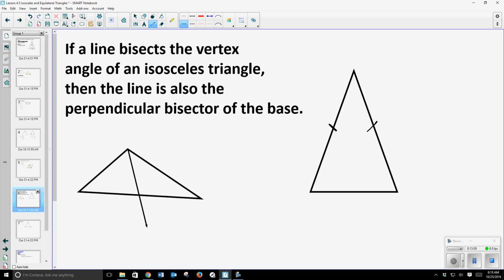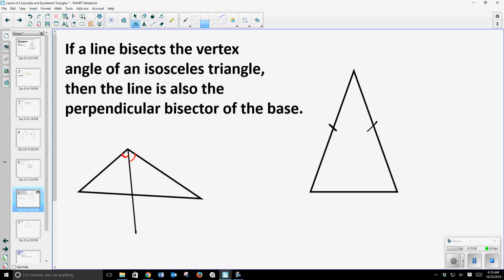Notice how there's nothing significant about where it hits on the other side. If this is congruent to this, that doesn't mean that this is congruent to this, and that doesn't mean that this hits it perpendicularly. We don't know. Actually, we know it doesn't because it's not an isosceles triangle or an equilateral triangle.